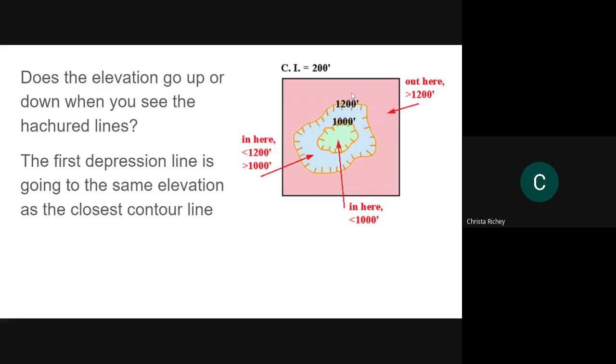Anything that's in pink is at least 1,200 feet or more. So then I would be going down, down in elevation to 1,000. This depression is going to be less than 1,000 feet. Just depends which way you are going. If it's got the hash marks as you're going towards the center, you're going down. If there aren't hash marks as you're going towards the center, you are going up.